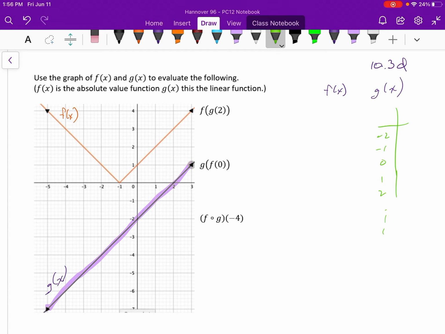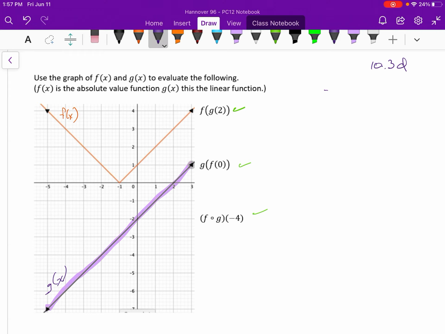We're only going to do it for various arrangements of functions, but you could create a table of values for any given x and graph f of g of x, or even g of f of x, or f composed of f of x. So, allow me to get started.